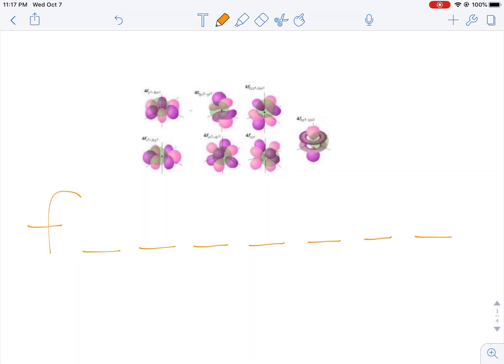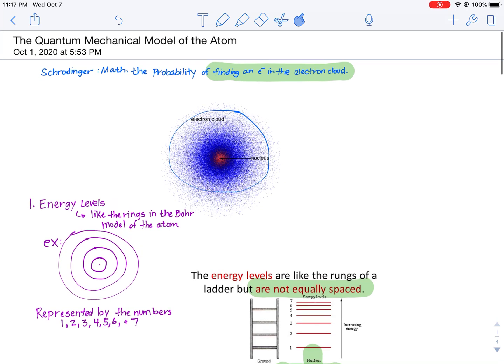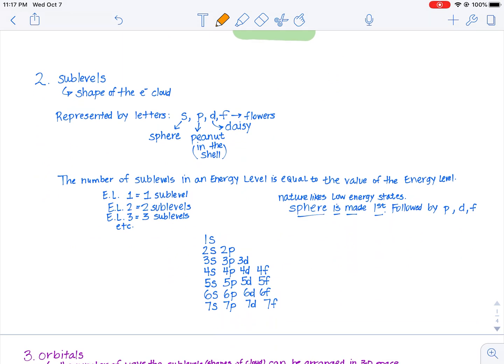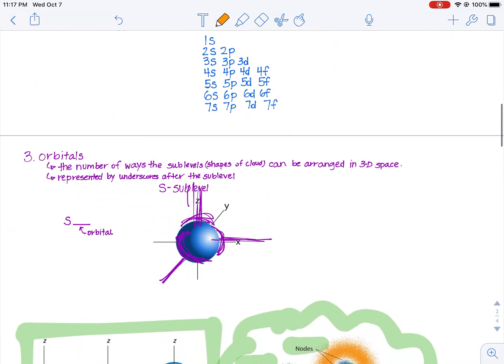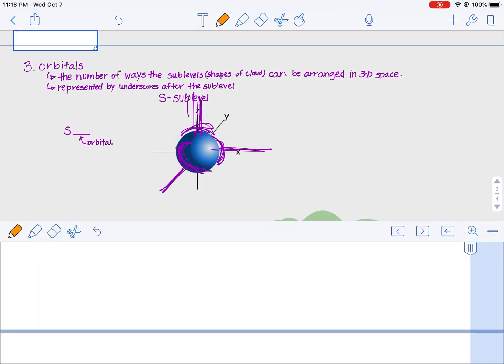Coming full circle, we had said at the start of this lecture that we are talking about where we can find an electron in the electron cloud. Biggest picture is the energy level. Next zone, it's in a sublevel or a specific shape of the cloud. Even more specifically, we can say which shape of the cloud the electron is most likely to be. And that is our final note.